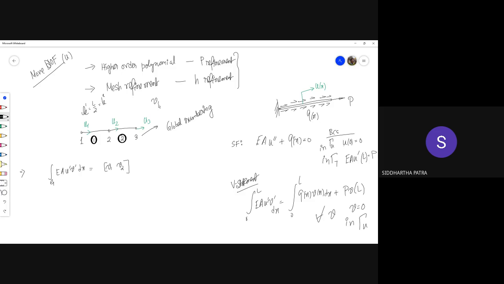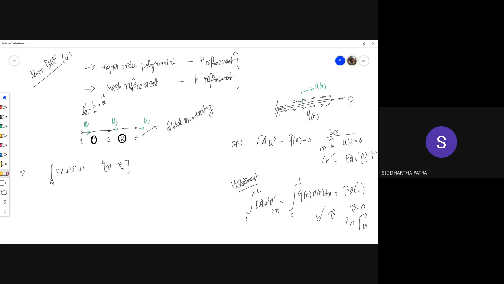So v1, v2 and v3 are essentially the variations of u1, u2 and u3. Of course v1 is 0, but that we will use later. v1 is 0 because u1 is given.